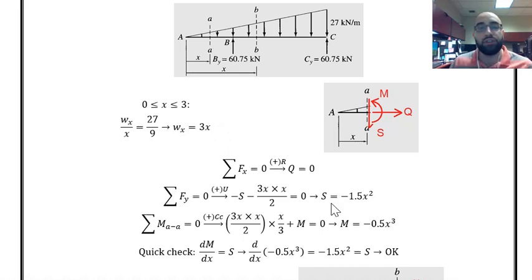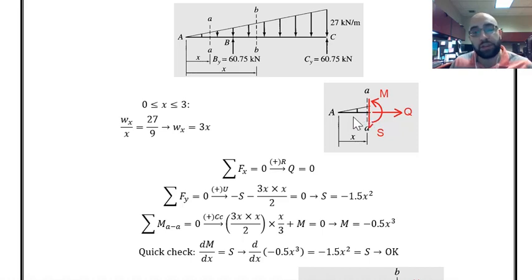We could find the equation for shear force, and now let's find the equation for bending moment. Summation of moments about the section equal to 0. I'm assuming positive as counterclockwise, so positive m, and then I have the moments because of this distributed load. That is area under the load, again 3x multiplied by x divided by 2, and then the distance from centroid of the load to the place where I'm calculating the moment about.